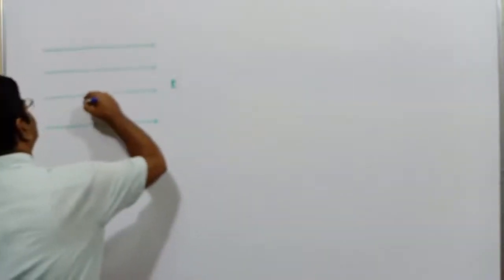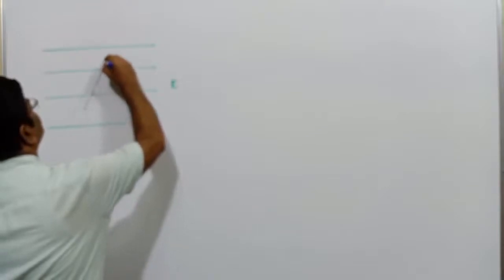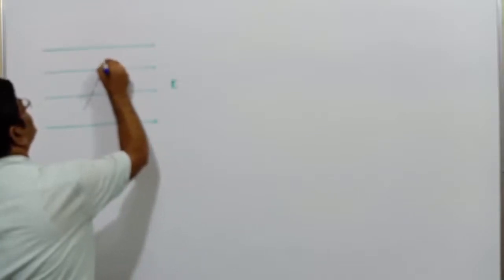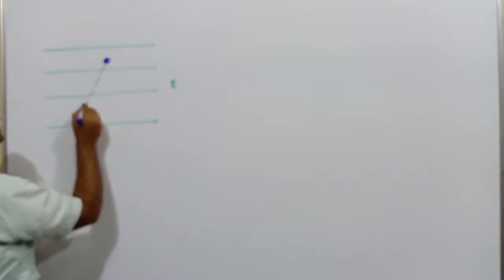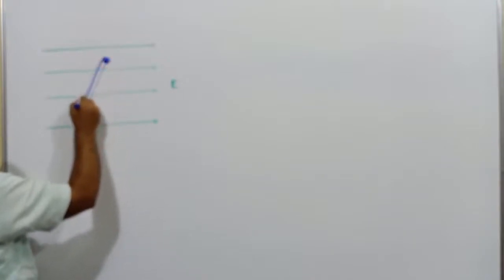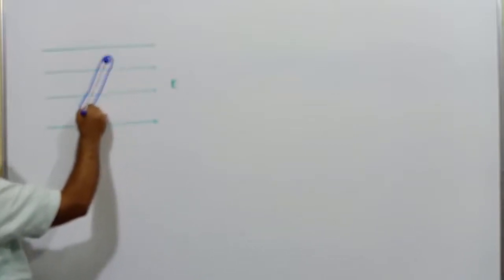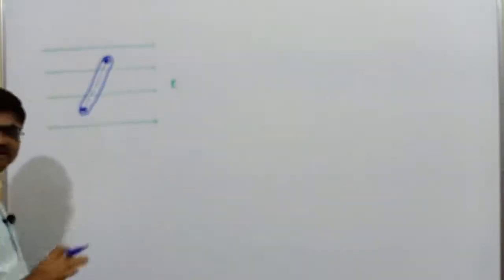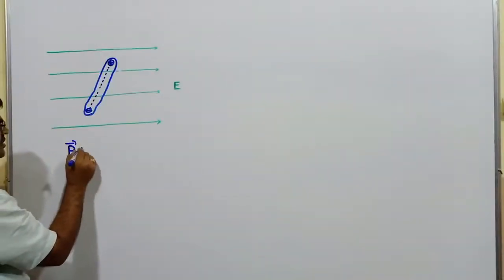So this is the dipole which I am going to have, plus charge and minus charge, and I have arranged this dipole in the electric field. The charges are of magnitude q, length is 2l, and dipole moment is equal to 2ql.